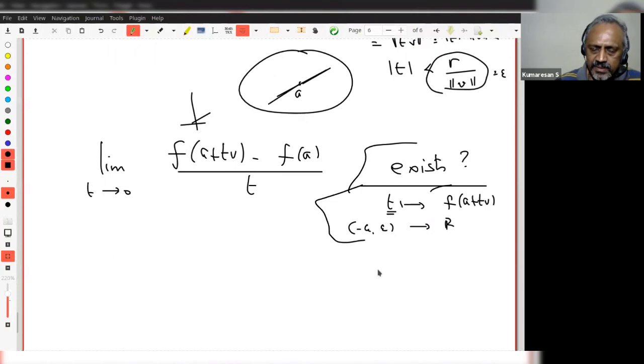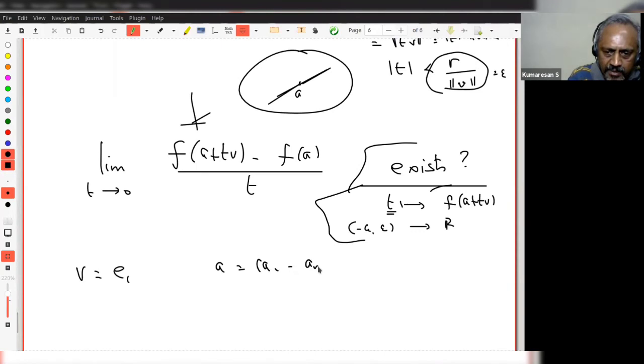Is the question clear? Let us try to understand what it really means. What is this object? Suppose my v is e1. My a is, let us say, a1 to an. Again, if you want, take n equal to 2 and a comma b, and e1 will be 1 comma 0.